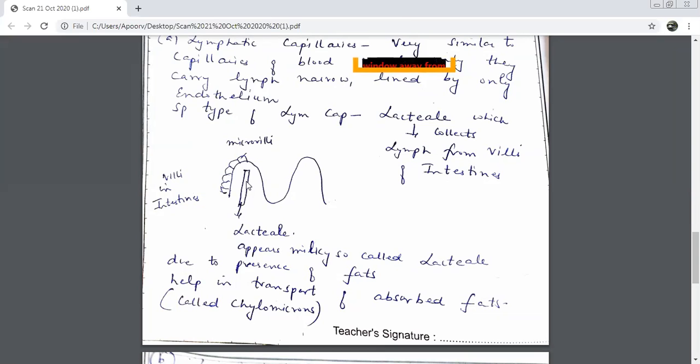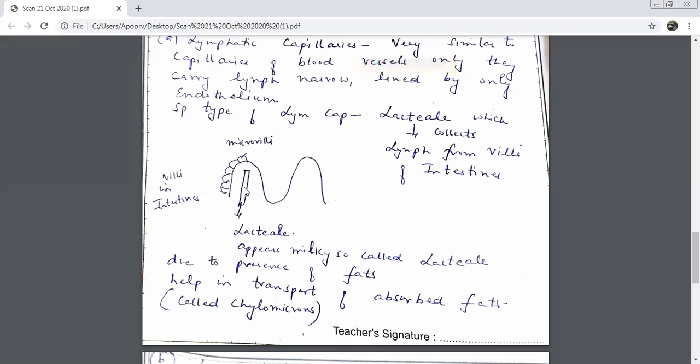What is this capillary called? Lacteal. Again, this part is needed from a competition point of view, not from 11th class. These absorbed fats which are present in the lacteal are known as chylomicrons.